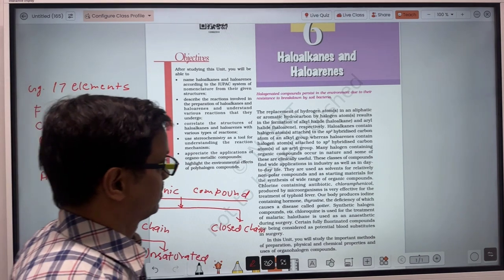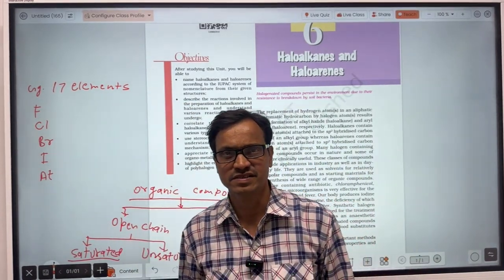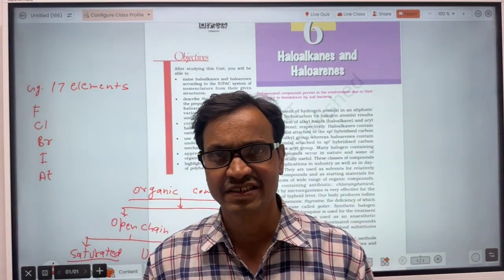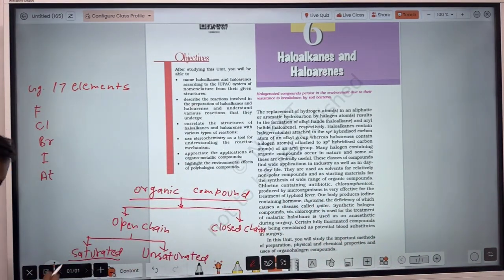You know already carbon has tetravalency, which means the valency of carbon is 4. So if between each carbon atom there is only a sigma bond, then that will be called saturated.